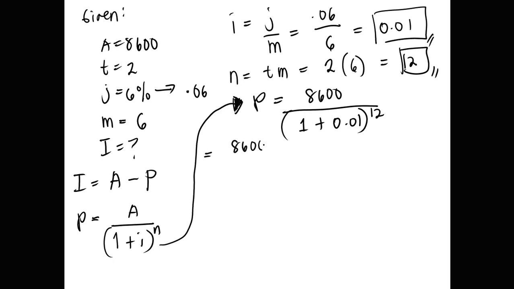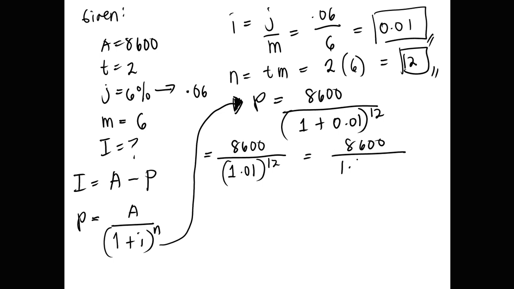So, syempre, kailangan unahin muna natin yung nasa denominator since meron po tayong parenthesis at exponent sa denominator. So, remain po si numerator. Ayan. So, 1 plus 0.01, that is 1.01 raised to 12. Remain si numerator, which is 8,600. And then solve for the denominator. 1.01 raised to 12. What is the answer?